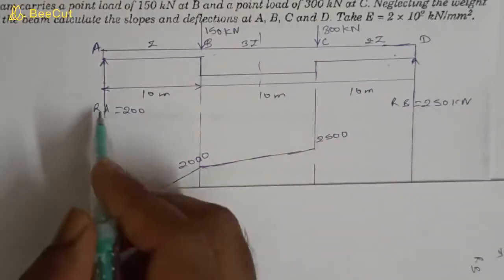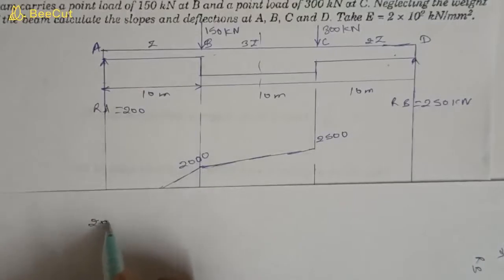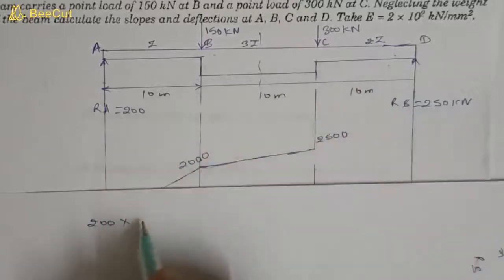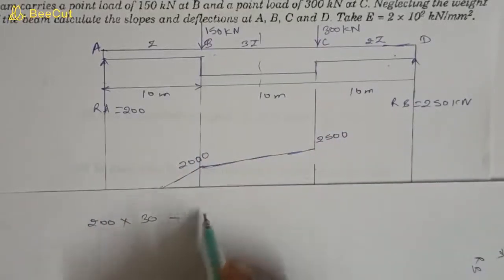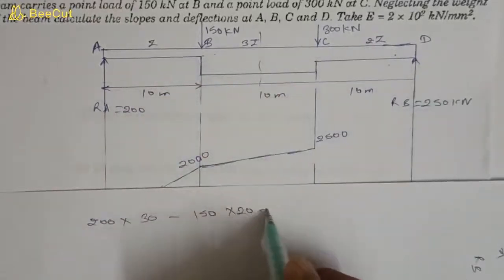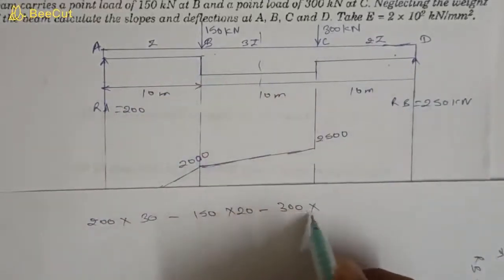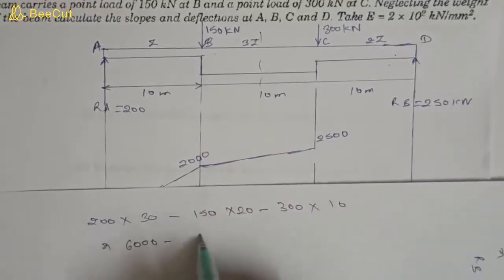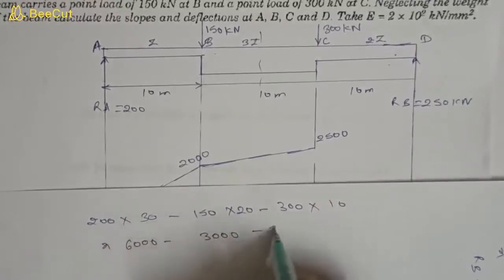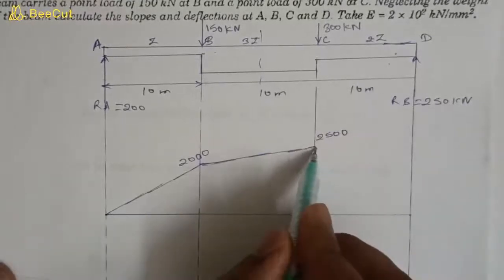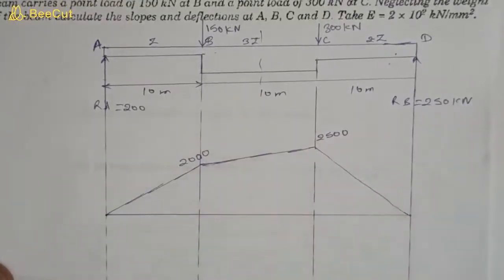Or you can calculate from this side: it will be 200 into 30 meter minus 150 into 10 plus 10, which is 20, minus 300 into 10. So we will get 6000 minus 3000 minus 3000, so it will become 0 here, so we will join to 0.